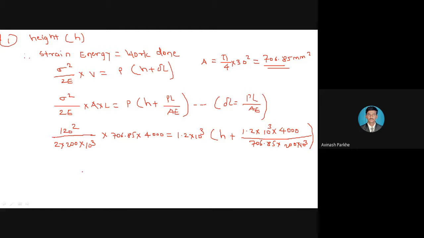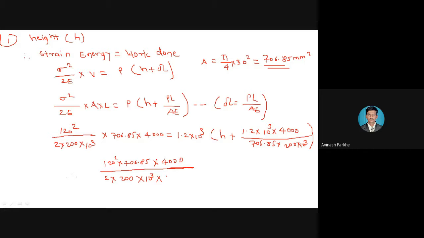If I rearrange the terms in this numerical and write the formula in the form of H only, this 120 square into 706.85 into 4000 divided by 2 into 200 into 10 raised to 3 into this 1.2, P, which is present on the right side and is multiplied.